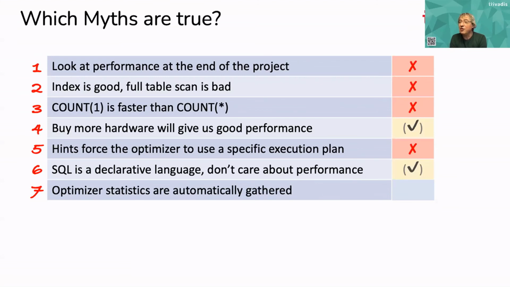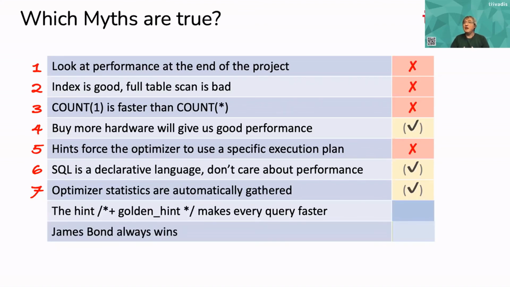Otherwise, you will have performance problems, especially with function calls in the conditions. And statistics are automatically gathered, that's also true, but it's still good to know how you can gather statistics manually, or how the DBMS_STATS package works in detail.